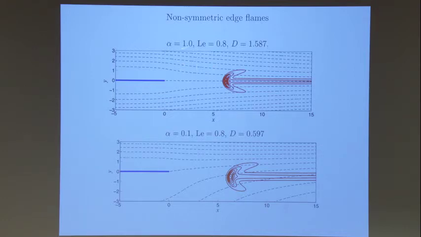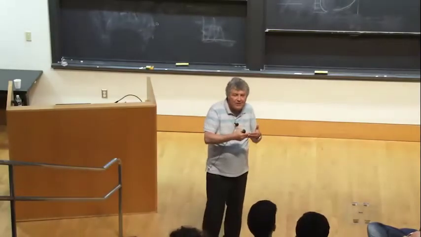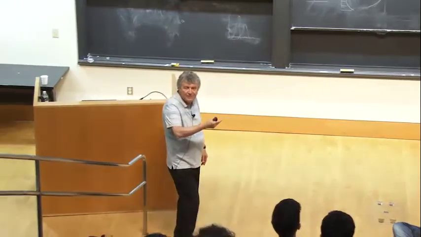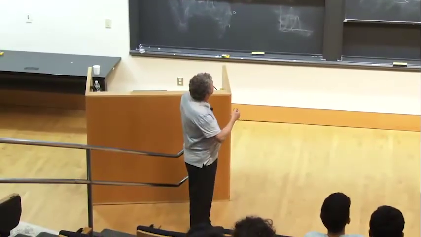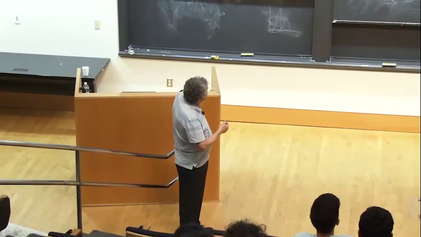Sorry, I apologize. Alpha equal to 1, Lewis number 0.8. I forgot that the calculations here were done with the Lewis number of the fuel and oxidizer the same. So if it is the same, Lewis number 0.8 still means that the solution will be symmetric, because the temperature will not, but the fuel and oxidizer diffuse at the same rate. So the solution is symmetric, but this one is not.